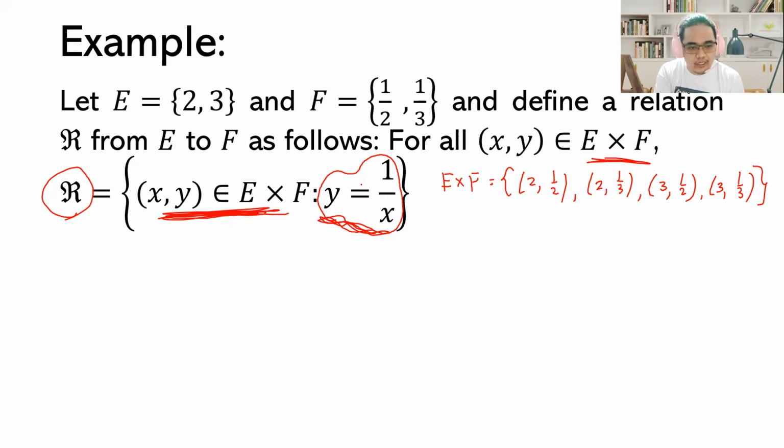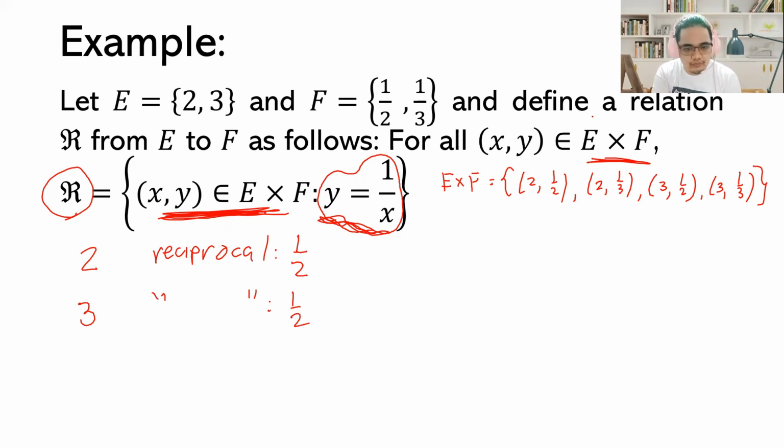So look for that there. We all know that if we have 2, its reciprocal is what? Its reciprocal is 1/2. And if you have 3, its reciprocal is 1/3. And then you just look for the elements that have that.